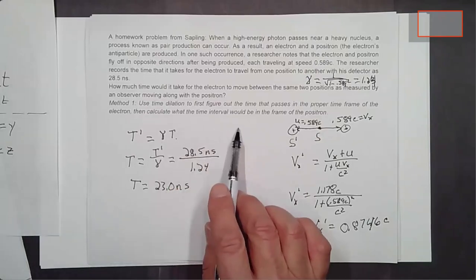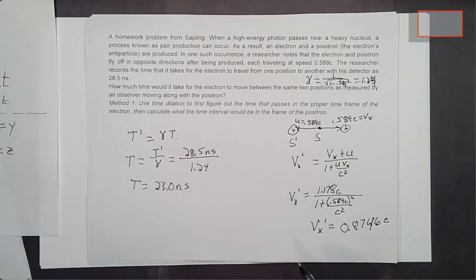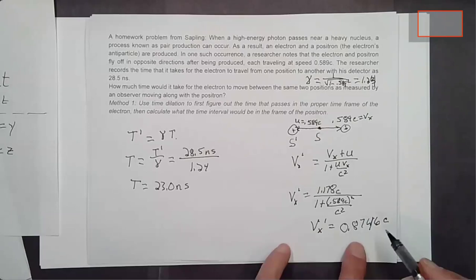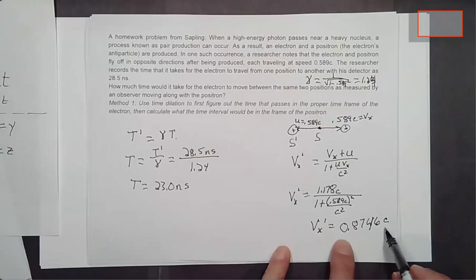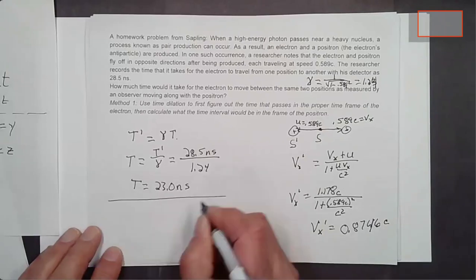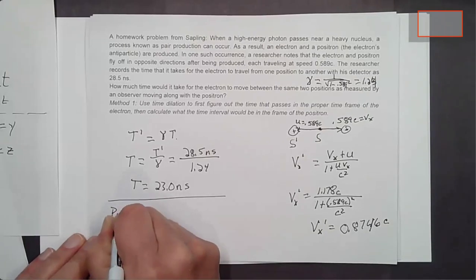Calculate what the time interval would be in the frame of the positron. Okay, well, the positron is going to have an electron moving with respect to it at that speed, and they would say moving clock runs slow. So we're going to have a new gamma for the positron viewpoint.